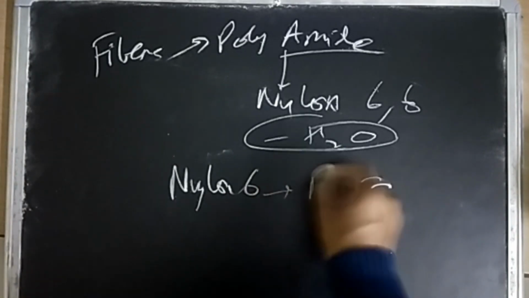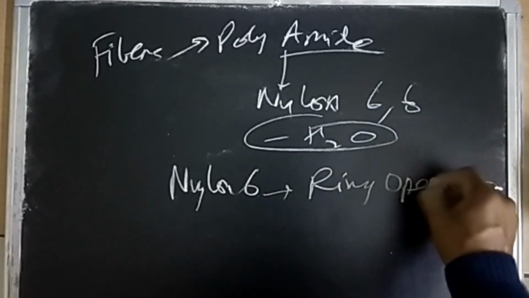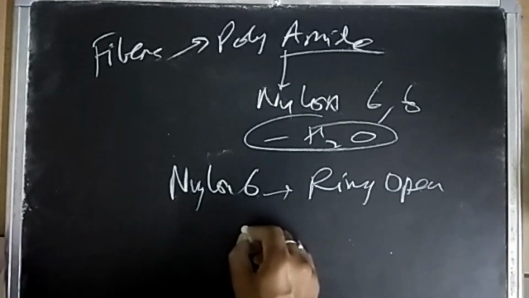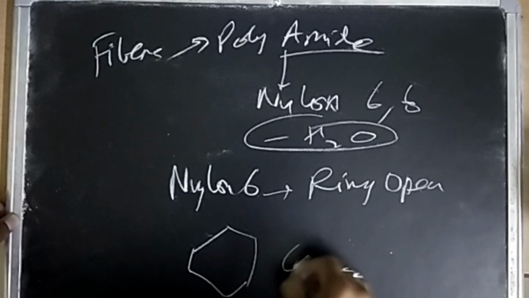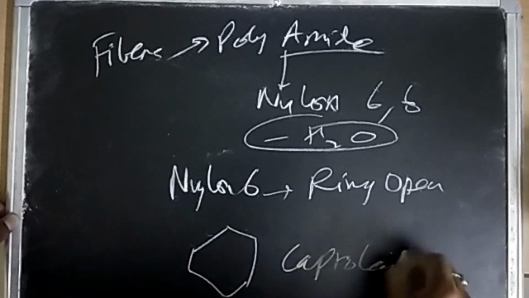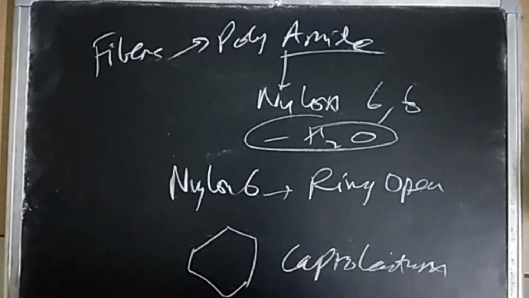While for nylon 6, we have a ring opening of caprolactam.